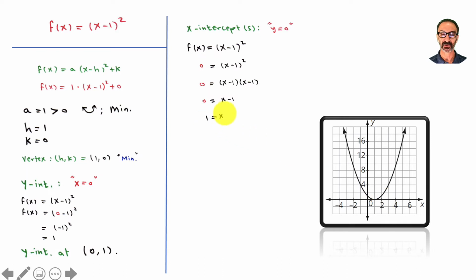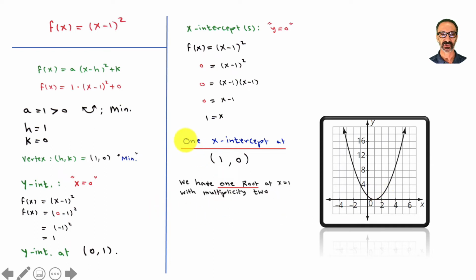When it's a repeated root, the graph doesn't cross. It bounces off the x-axis. So you have one x-intercept at (1, 0). We have one root at x equals 1, which is with multiplicity 2, because that's like 1 from here and 1 from here. It's repeated twice.